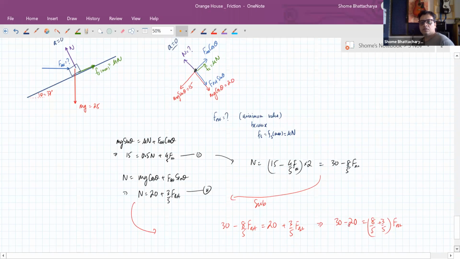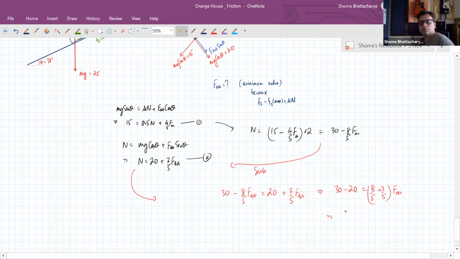Okay, so 11 by 5 F external is equal to 10 newtons. So this is the final answer.